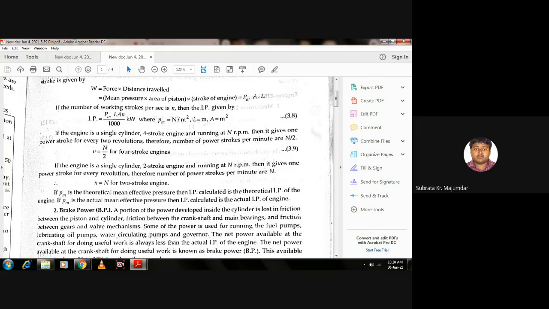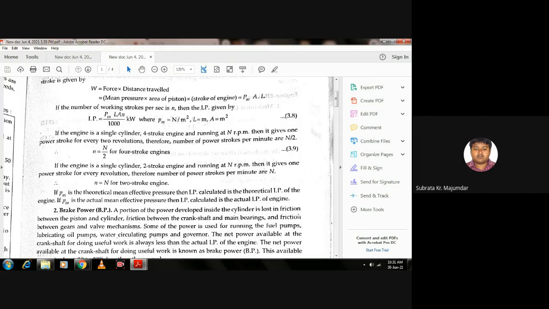The indicated power obtained while physically running an engine is known as the actual indicated power. If we use the theoretical mean effective pressure for finding the indicated power, then it is known as the ideal or theoretical indicated power.